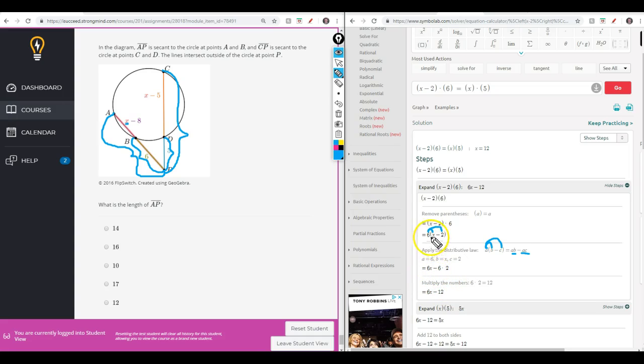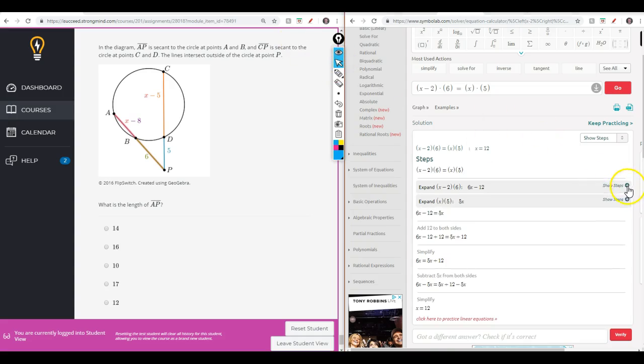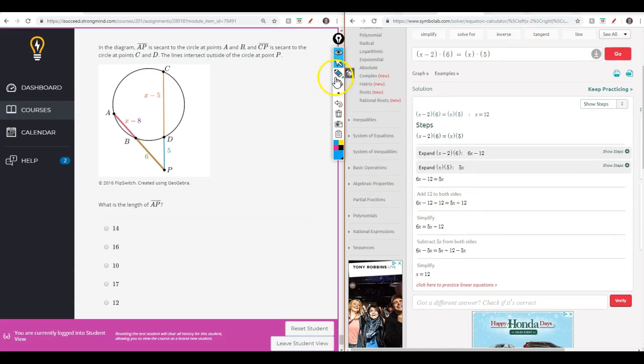So that's where 6 times x is 6x, and 6 times negative 2 reduces down to negative 12. So that's where that comes from. And we can hide our steps. So then, since we know that x minus 2 times 6 simplifies to 6x minus 12, that's where this left-hand side came from. And x times 5 is 5x, so that's where this side came from.